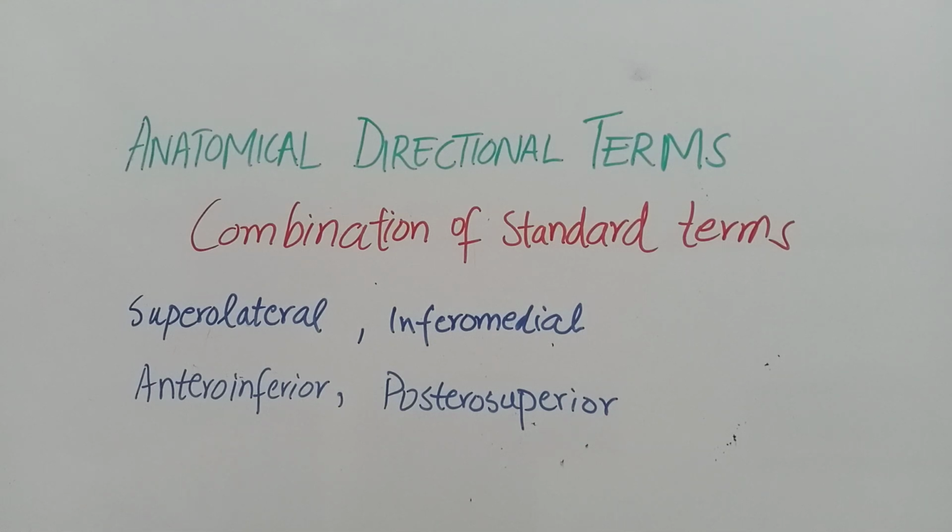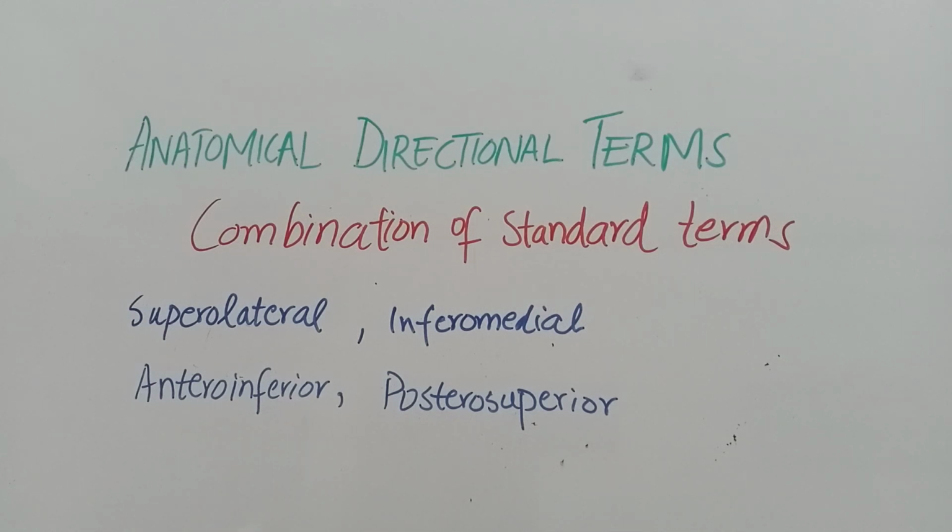Many times we hear some combinations of these standard terms like superior lateral, inferior medial, anterior inferior, posterior superior. Any other combination of the standard terms may be used to show the intermediate position in much the same way as the points of the compass.